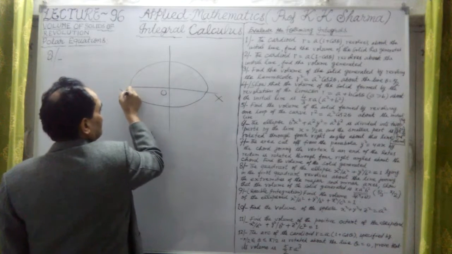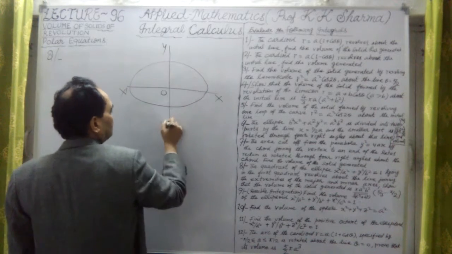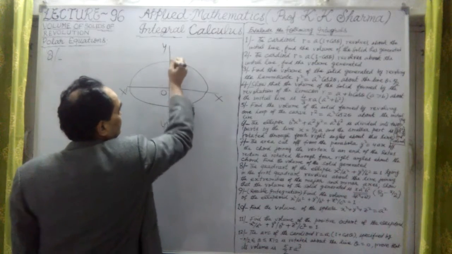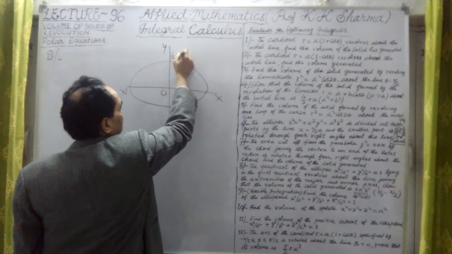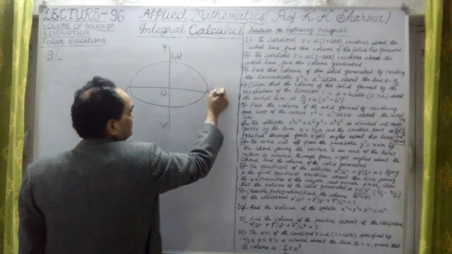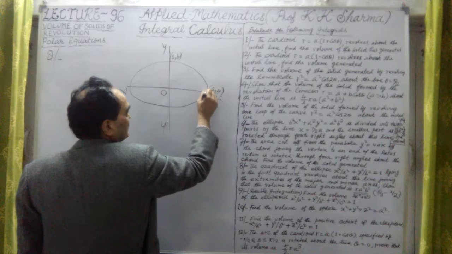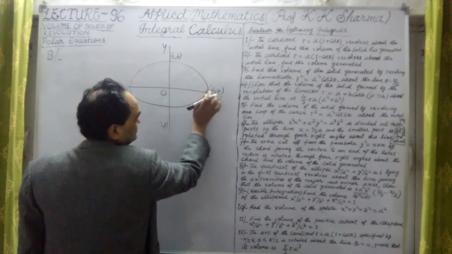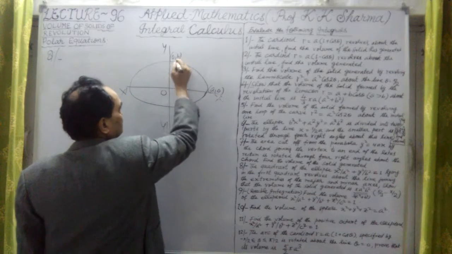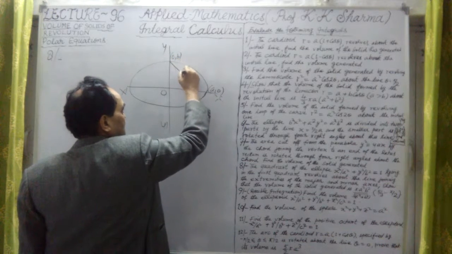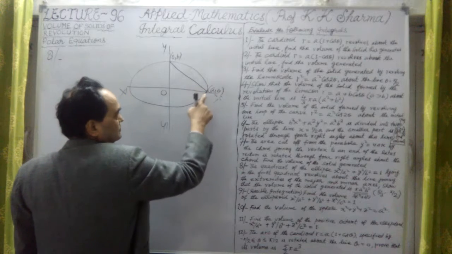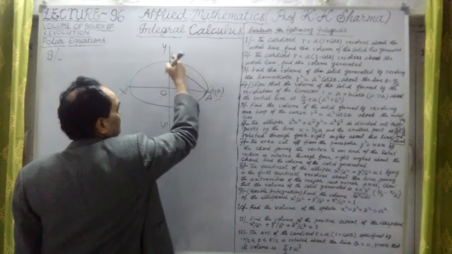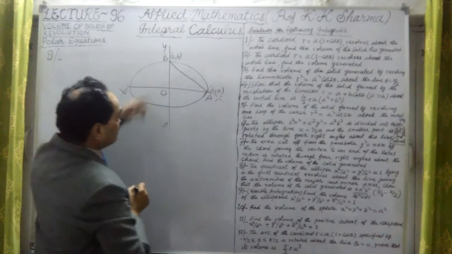X-axis, O, X dash and Y dash axis. This is the minor axis, this is the major axis. Here the coordinates of this will be 0, b, and here it is a, 0. Now it says the extremities of the minor and major axis. So one extremity is this. If I join these two extremities, this is the point A, 0 of the major axis, and this is the minor axis extremity.